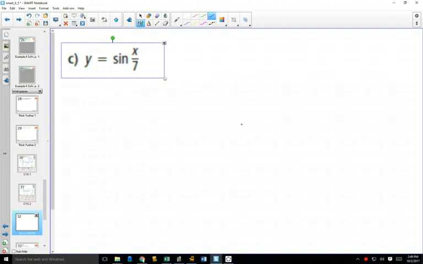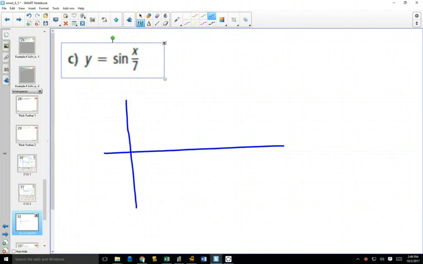Okay, so if our period was 2 pi, again, it's still going to go from 1 to -1 because our y values aren't changing. But instead of marking 2 pi along here, if we stretch it by 7, it's going to be 14 pi.